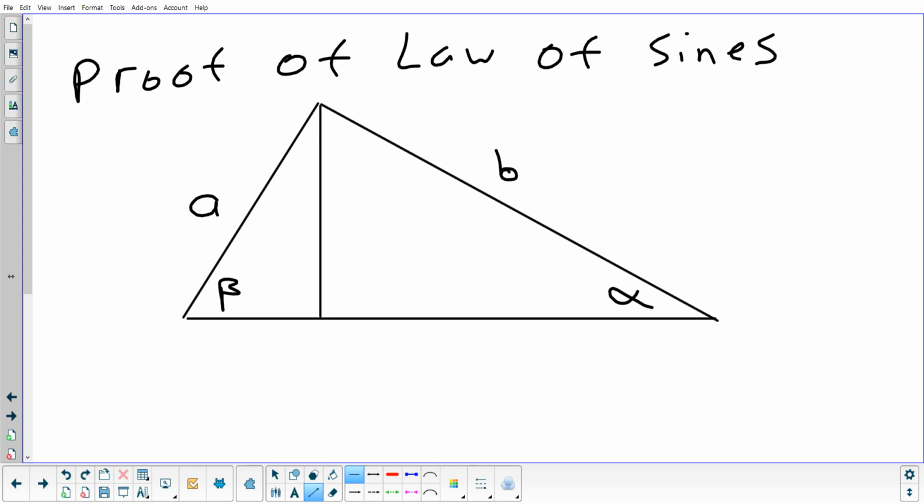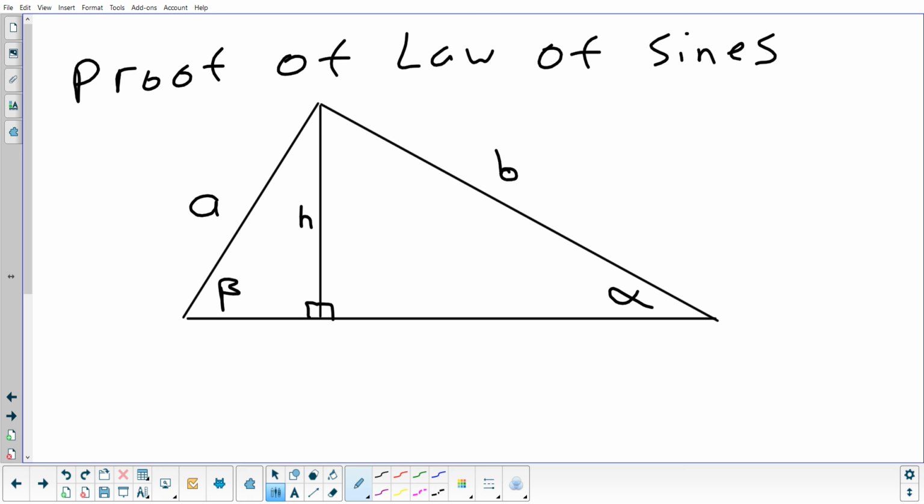So I just created two right triangles. They're not necessarily the same size. In fact, I think you can see the one on the right is a lot bigger. Okay, but just two right triangles. That line that I just drew in, let's call that H. H for height. Not hypotenuse, but H stands for the height.